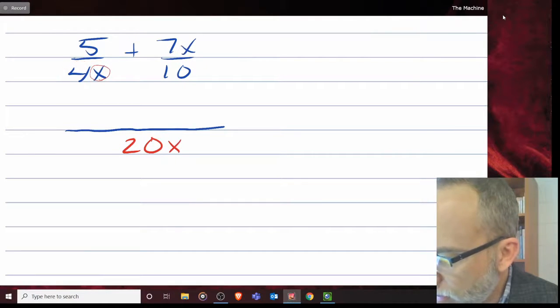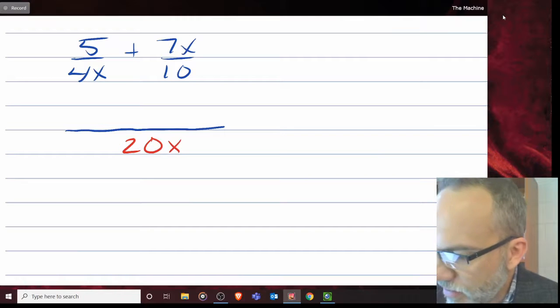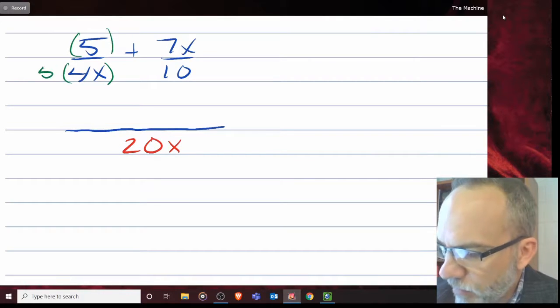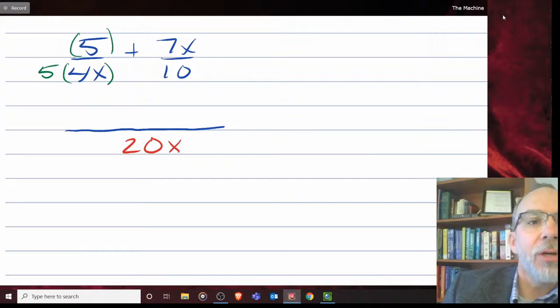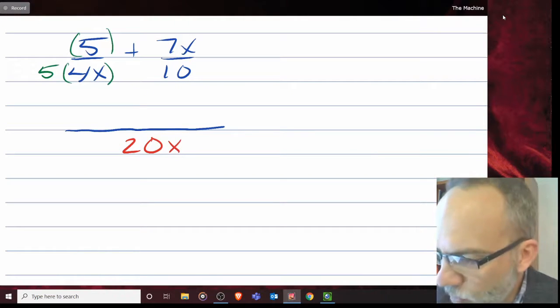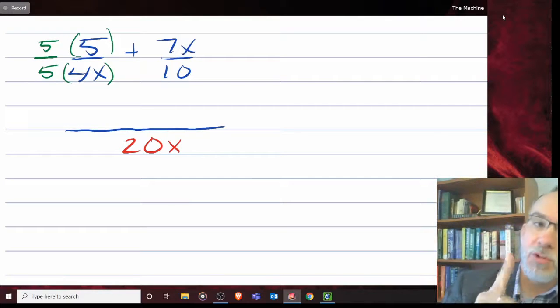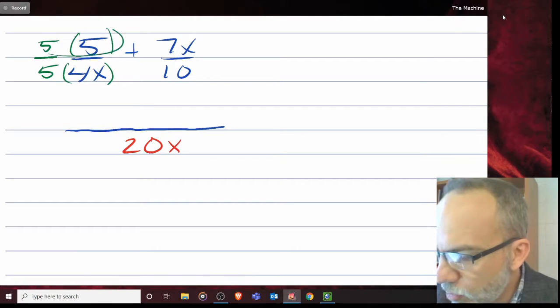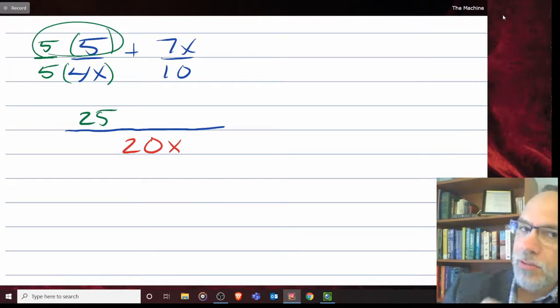How do I multiply 4x so that it gives me 20x? 4x times what is 20x? That would be a 5. So the first fraction needs a 5 multiplier in the denominator, which means I'm going to have to do a 5 multiplier in the numerator because I'm really multiplying by 5 over 5, which is 1. So this new numerator becomes 25. Notice I'm just using a single denominator.